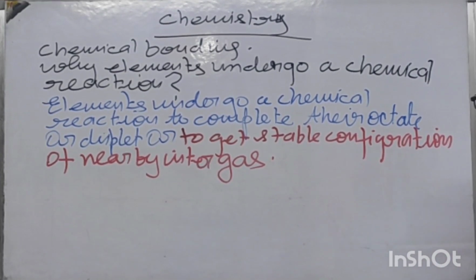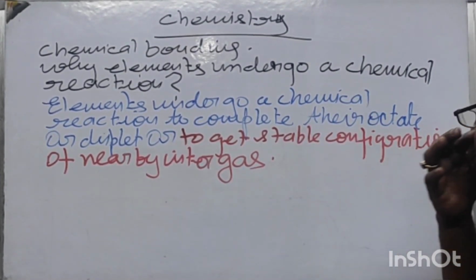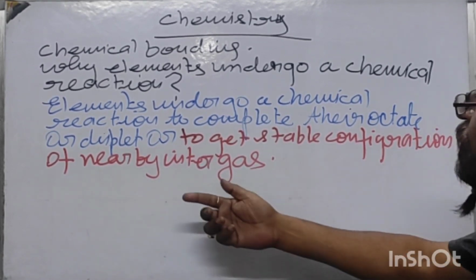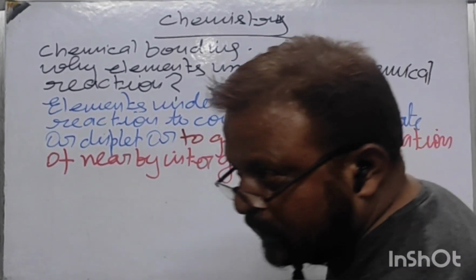So elements undergo a chemical reaction to complete their octet or duplet or to get stable configuration of nearby inert gas, right?